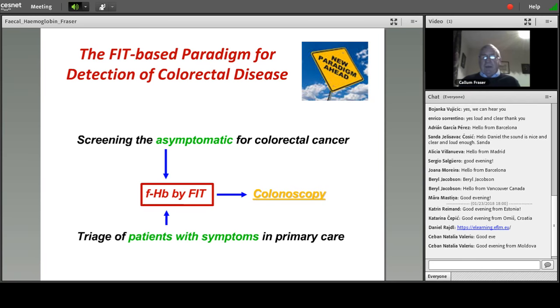And the whole object of using fecal hemoglobin by FIT in both these clinical settings is that we can use FIT to decide who will benefit most from referral to colonoscopy, which in many of our countries is a very scarce resource.